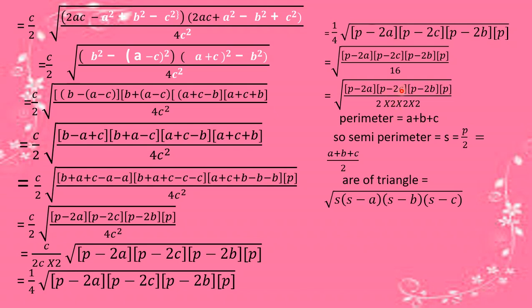So there are 4 quantities inside the bracket, so we can write four 2's in the denominator place. After solving this, we get area of triangle is square root of p by 2, that becomes s. P minus 2a upon 2 becomes s minus a. P minus 2c becomes s minus c, and p minus 2b becomes s minus b.